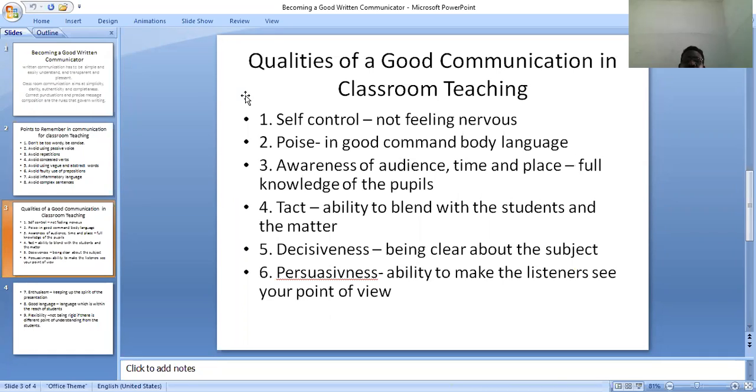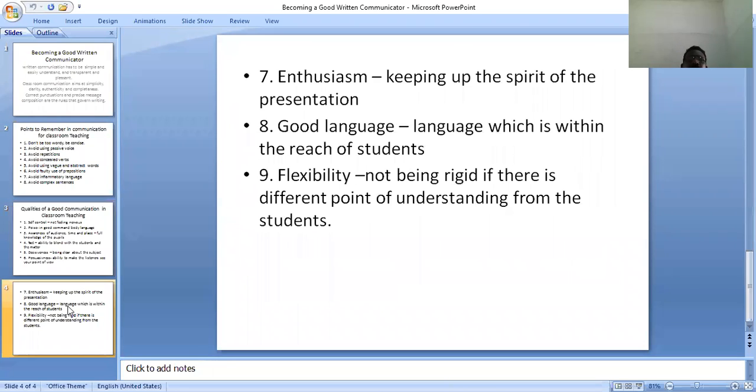Persuasiveness, the ability to make listeners see your point of view. Enthusiasm, keeping up the spirit of the presentation. Good language, within the reach of students. Flexibility, not being rigid if a student has a different point of understanding.